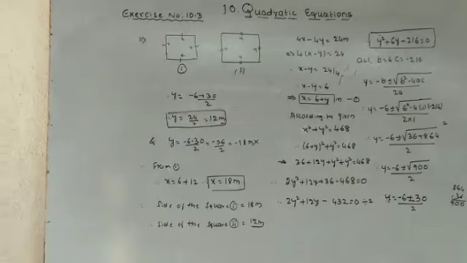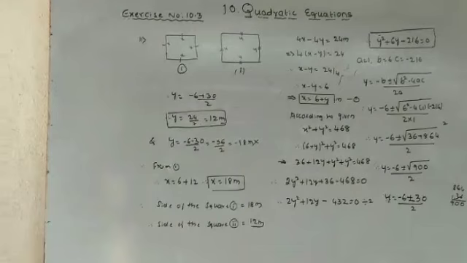Now replace all the values. x is equal to minus 11 plus or minus root of 11 square minus 4 into 1 into minus 1452, by 2 into 1.